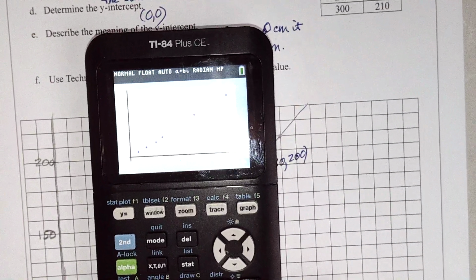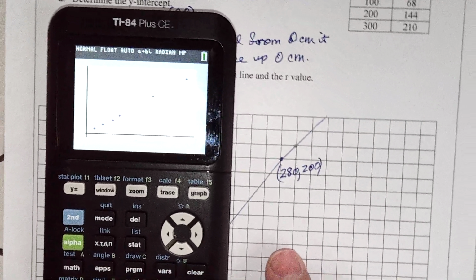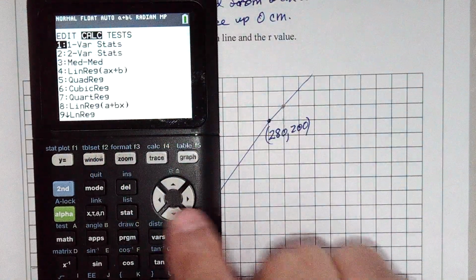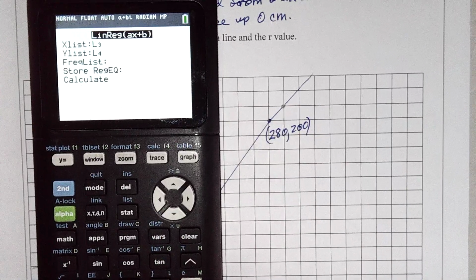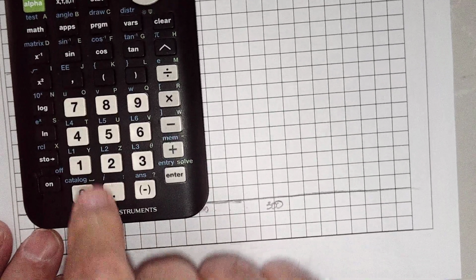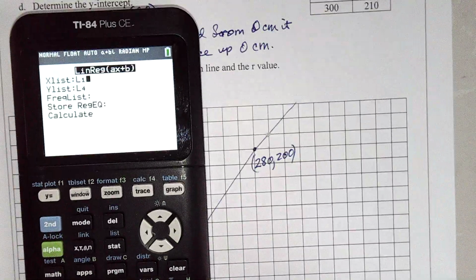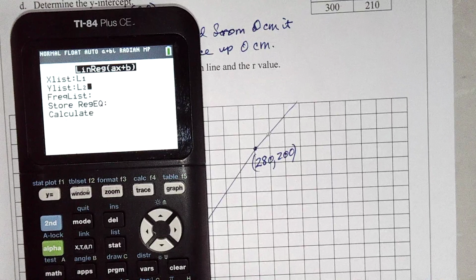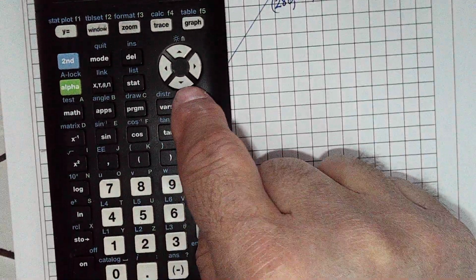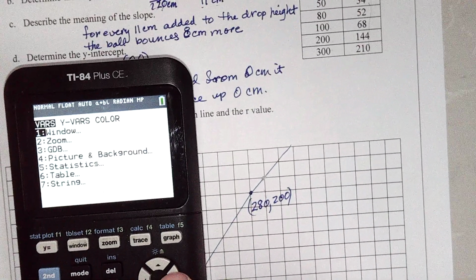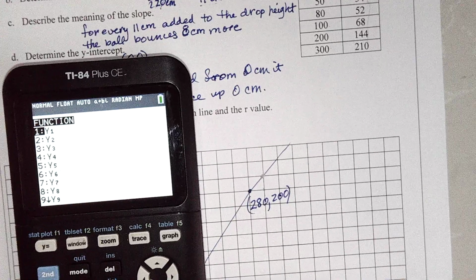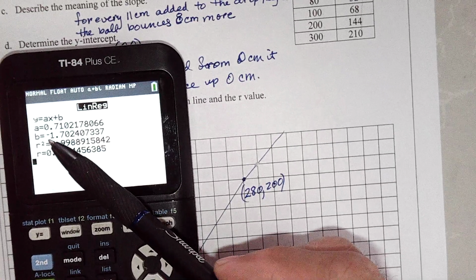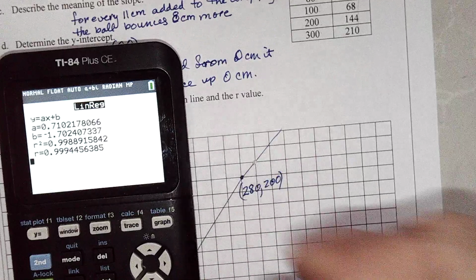Now let's figure out what the calculator thinks is a good equation. So we're going to go to Stat, Calculate the line, and I want it to be list 1, so I have to go down here and go second list 1, enter, and then I make this list 2, so second 2, and I want to put the equation into y1, so vars, y variables, function y1, enter and enter, and it's figured out the slope should be 0.71.